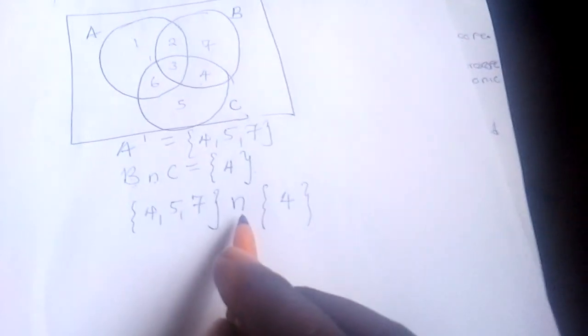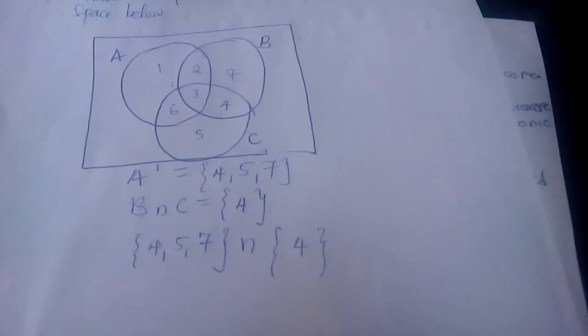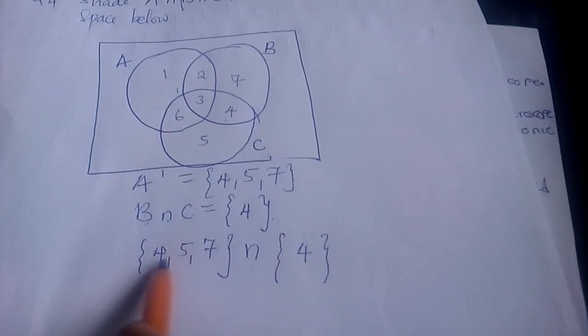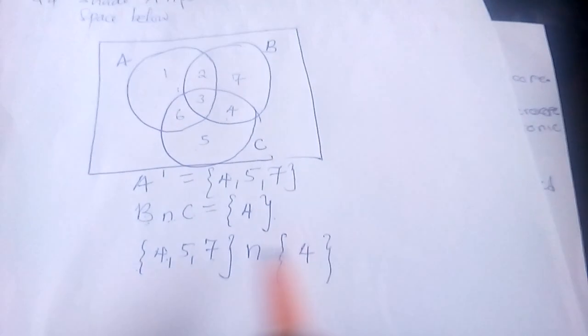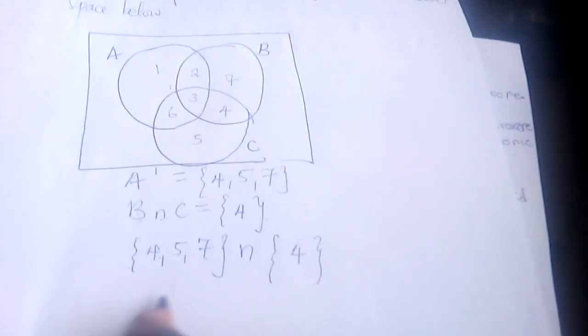Now we have an intersection here. Intersection means a member which is found in both sets. So which number is found here and here? You see that it is a 4. So you put your final answer there to be a 4. So this becomes your answer.